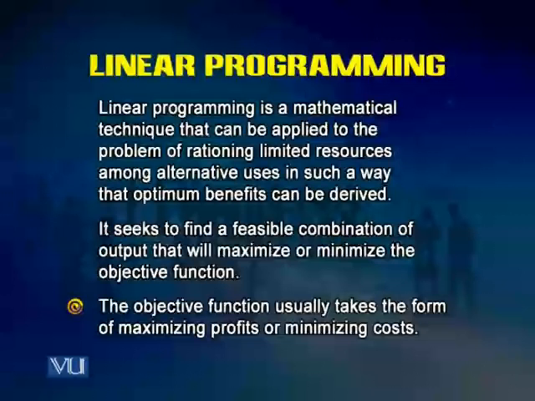The objective function usually takes the form of maximizing profits or minimizing costs. Usually there are going to be these two objectives. Either we try to maximize our profits or we try to minimize our costs.